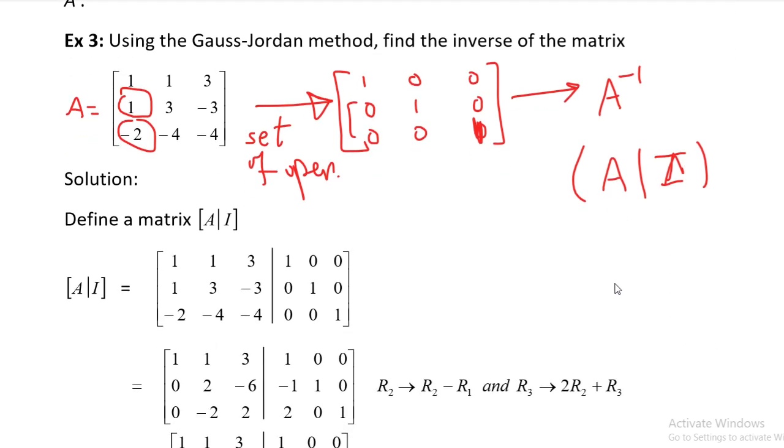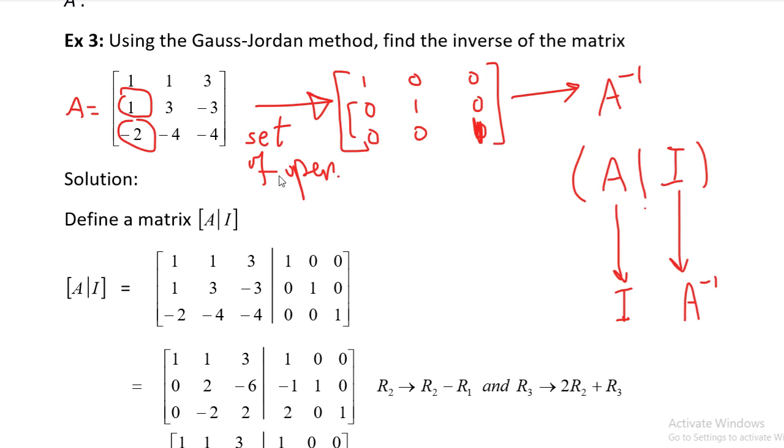So this will be reduced to identity with some row operations, and because we are applying the same row operations on identity, this will automatically be reduced to the inverse. This is the method which we use for finding the inverse without using the determinants.